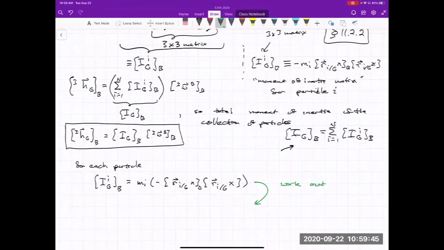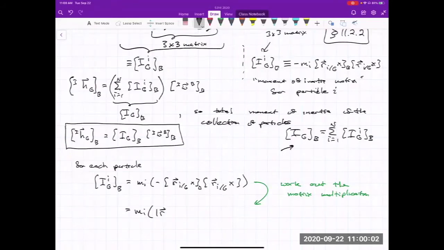I'll just give you what the result is. If you work out the matrix multiplication, you get something that looks a little bit nicer. I've got the mass out in front.